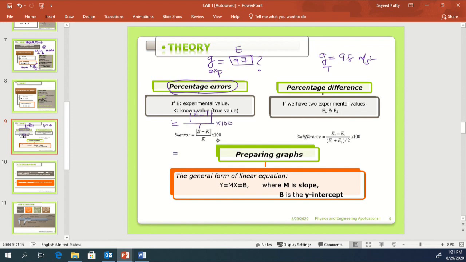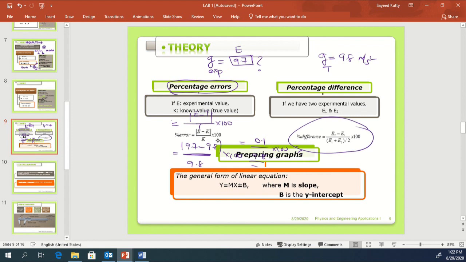Whether you write experimental minus true or true minus experimental doesn't matter, but the denominator will always be the true value. What is the true value? 9.8. So 9.7 minus 9.8, divided by 9.8, times 100. That means it will be 0.1 divided by 9.8 into 100. So you calculate this. This is the percentage error.